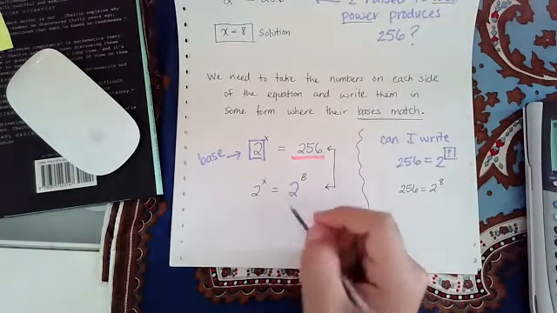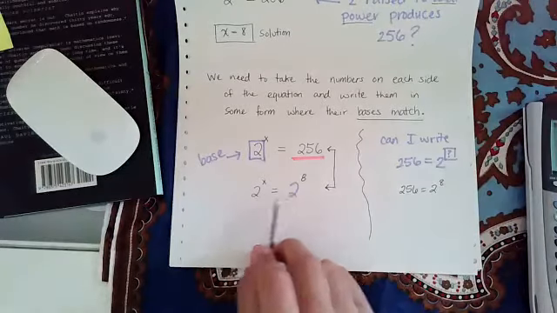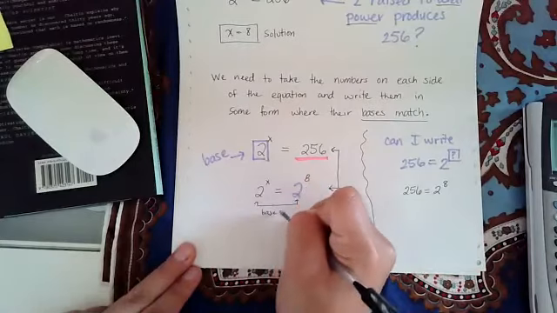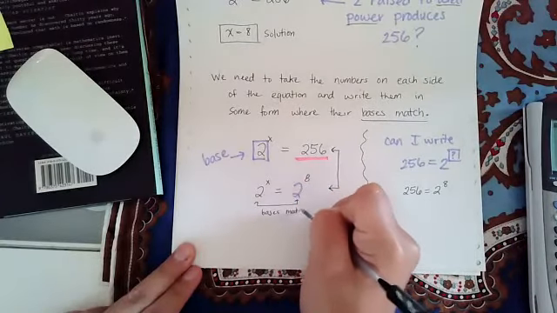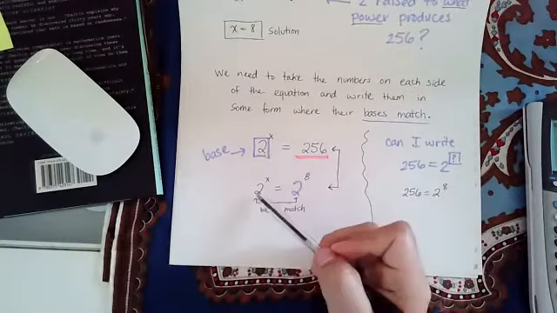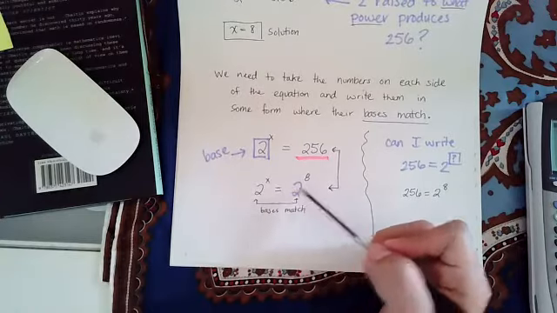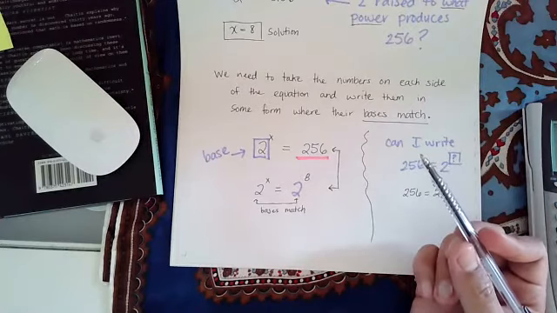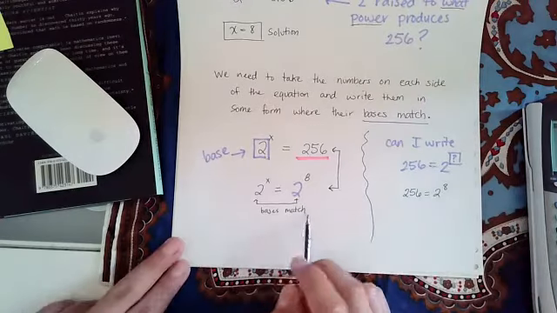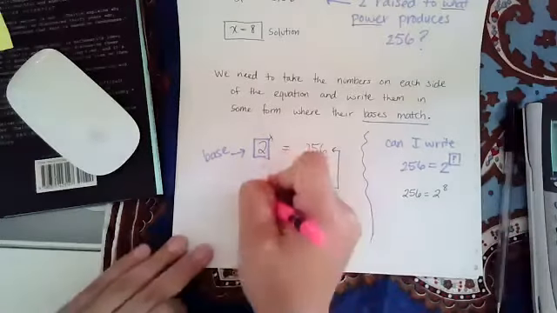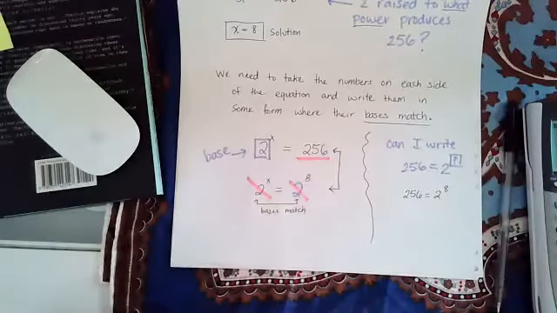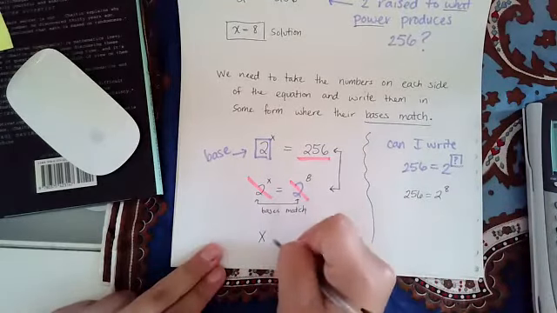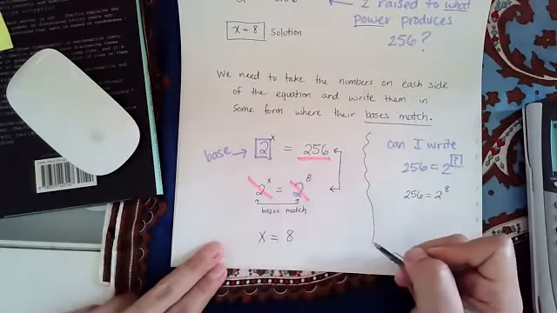Well, now the bases match here, so I don't really care about the bases anymore. I have 2 to some power is equal to 2 to some power. That means that the powers have to be equal to each other. So once the bases match, I'll drop the bases, and then I'll set up an equation where my exponents are equal to each other.